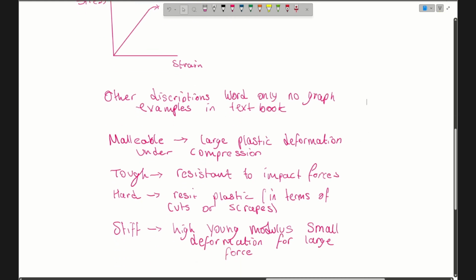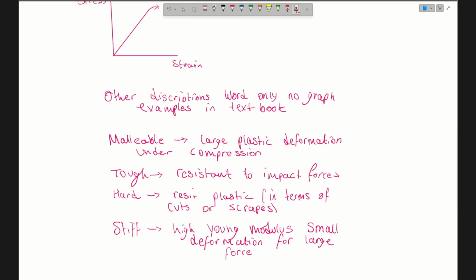But the other terms we need to know are malleable, which has a large plastic deformation under compression. This is key, only compression. Tough means an object is resistant to impact forces.